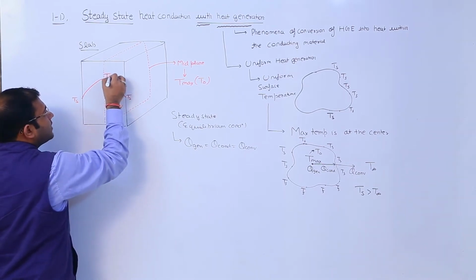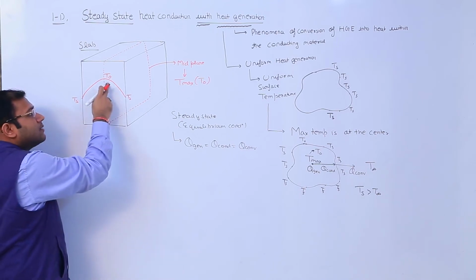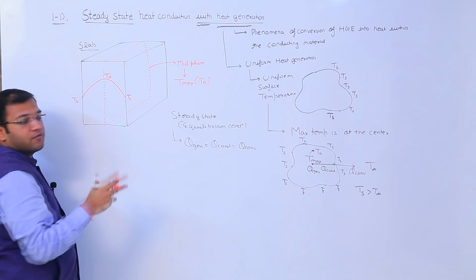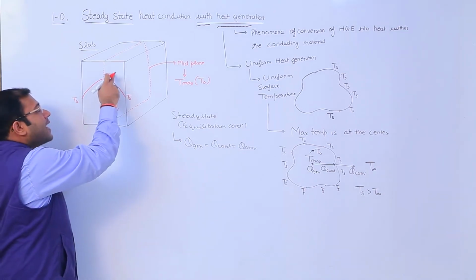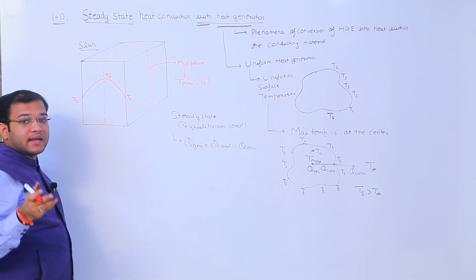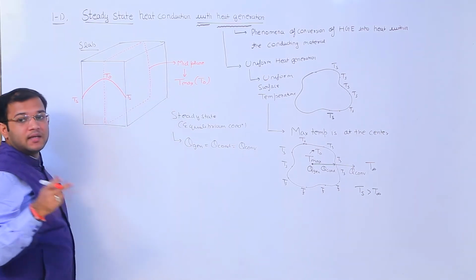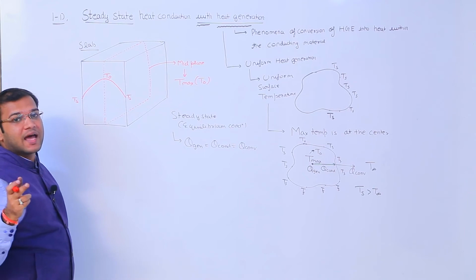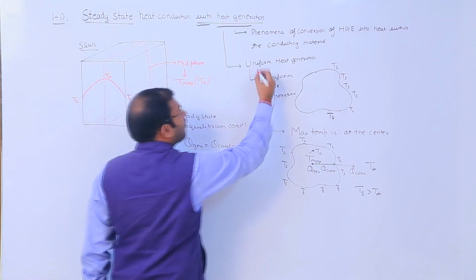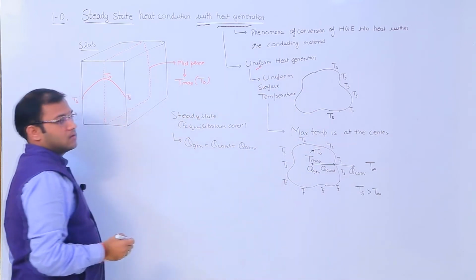Here the maximum temperature T naught at the mid plane, and here the surface temperature Ts, which are uniform. And we see that the maximum temperature always occurs at the center, and the center becomes the mid plane in case of a rectangular slab, and this is only possible in case of uniform heat generation.